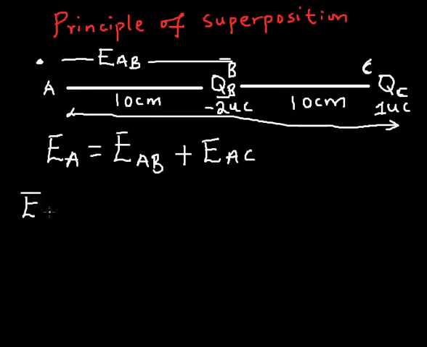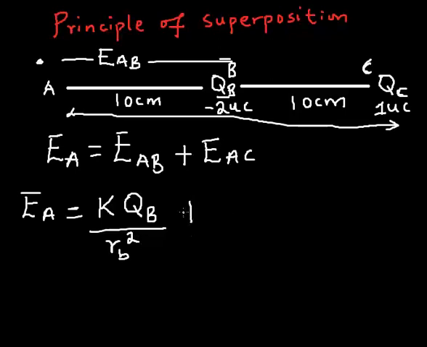EA is going to be equal to, let's start with the very first one, EAB. Of course, we go by the formula. Since we are being given distance, that's going to be K QB divided by rOB square.